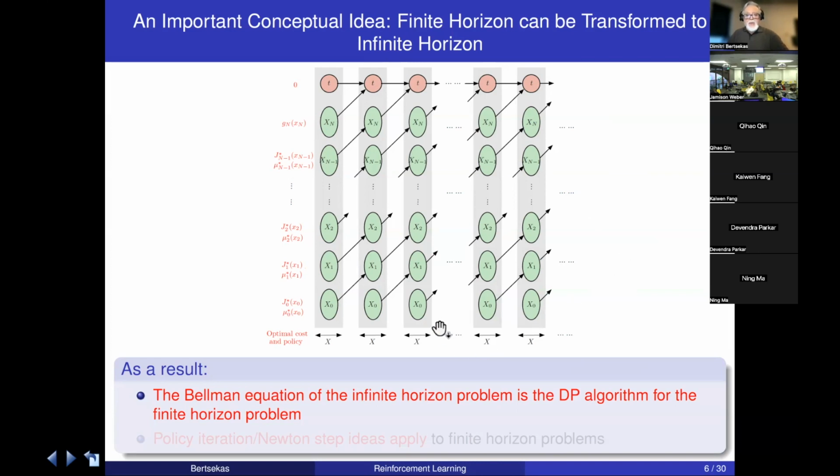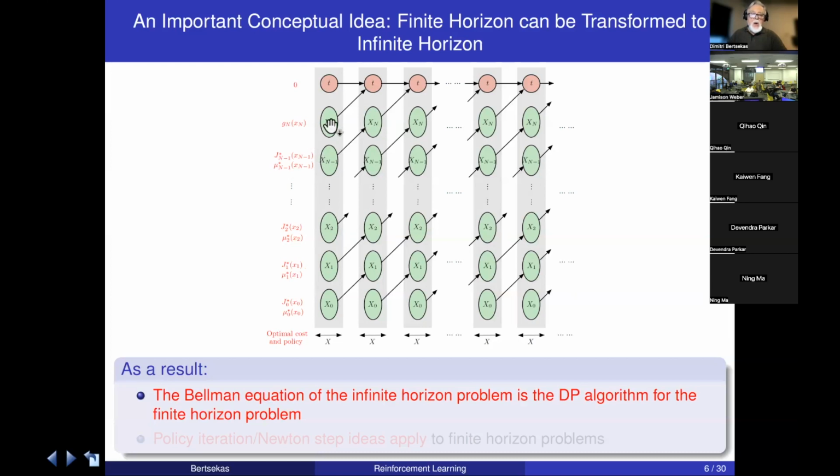In a finite horizon problem, we have n stages, and we have a state space and control space corresponding to each stage. X0 is the state space of the initial states. Capital X1 is the space of states X1, and so on.